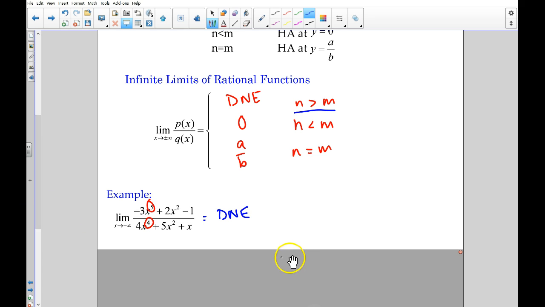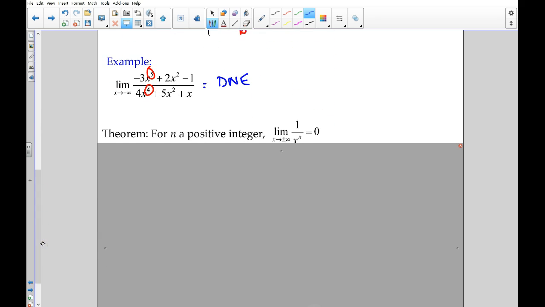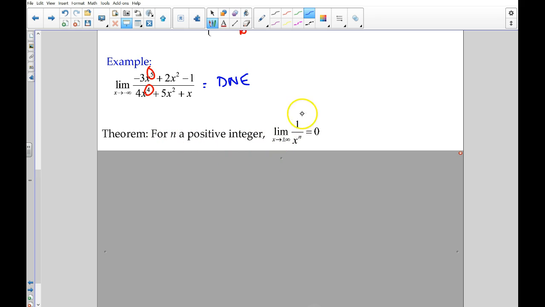We can also see this in an algebraic way if we use the following theorem. For n a positive integer, we know that the limit as x goes to positive or negative infinity of 1 over x to any positive power is 0.